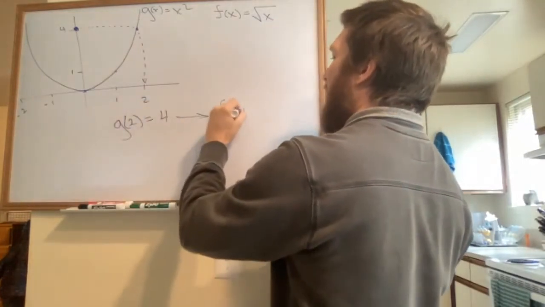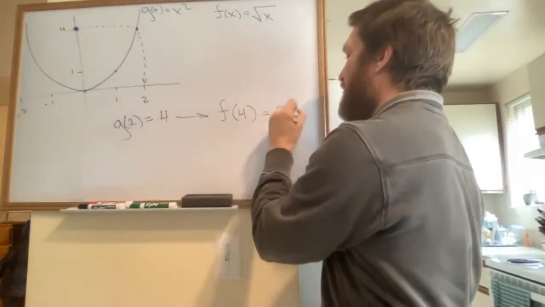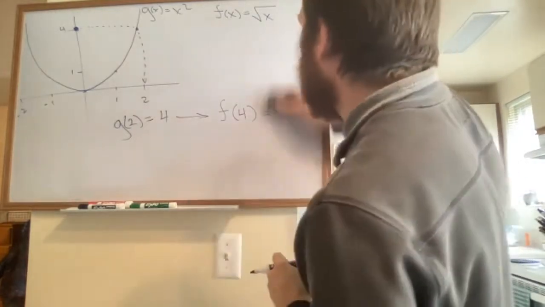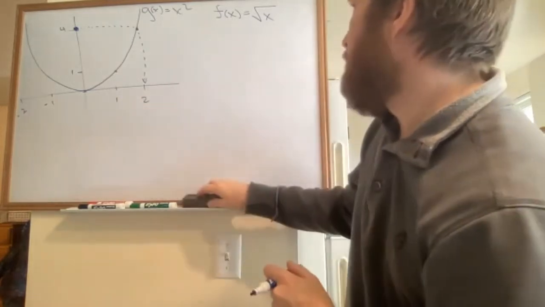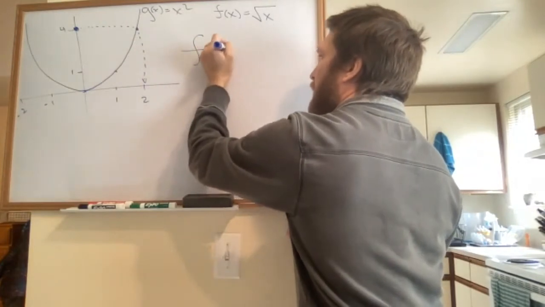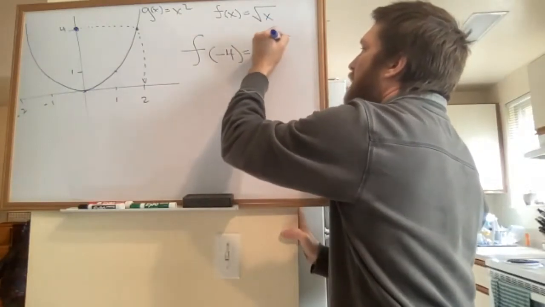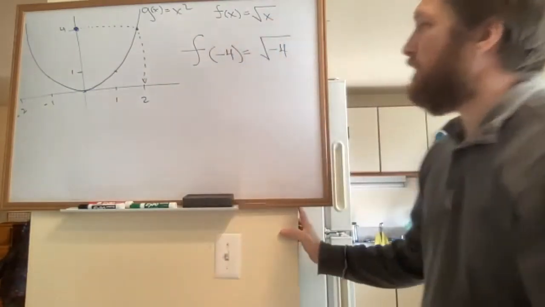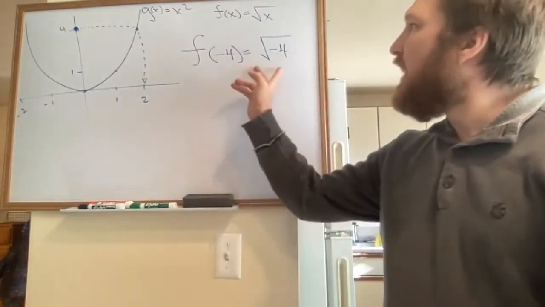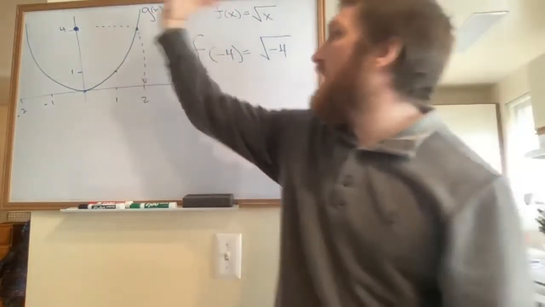Therefore, when we pull him back, we're coming back this way, he comes back to +2. Okay, now, this says you plugged some number into this function right here, and out came a -4.